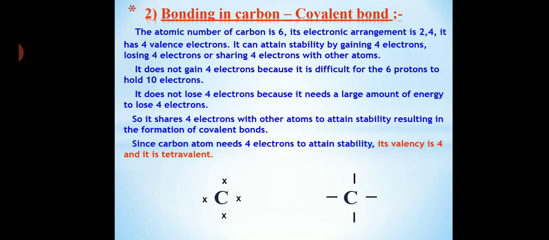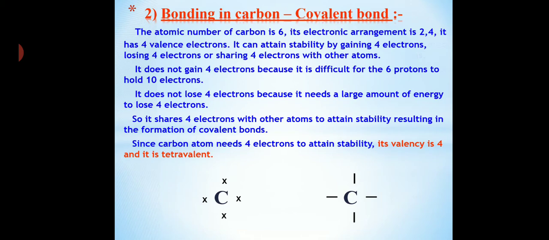Since a carbon atom needs 4 electrons to attain stability, its valency is 4, so it is called tetravalent. Why is it called tetravalent? Tetra means 4, because it has 4 valence electrons in its outermost shell.